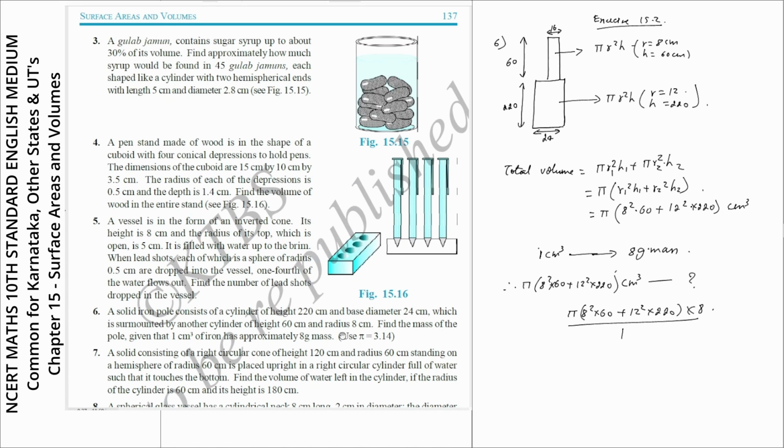That's the answer. Now pi they are told to take as 3.14. So into 8 8s are 64 into 60 plus 12 into 12 is 144 into 220 into 8 divided by 1, I'll get this much only.